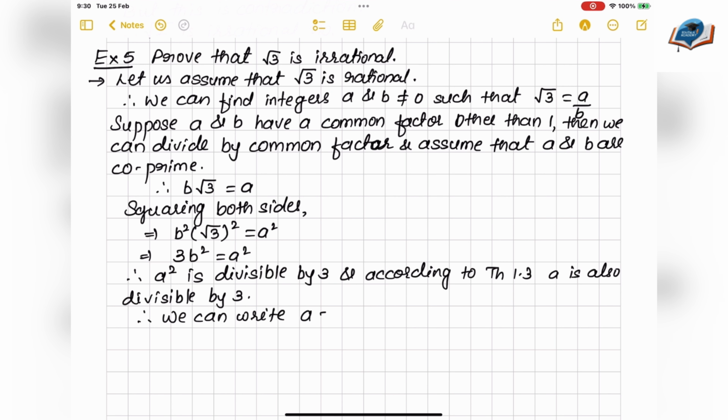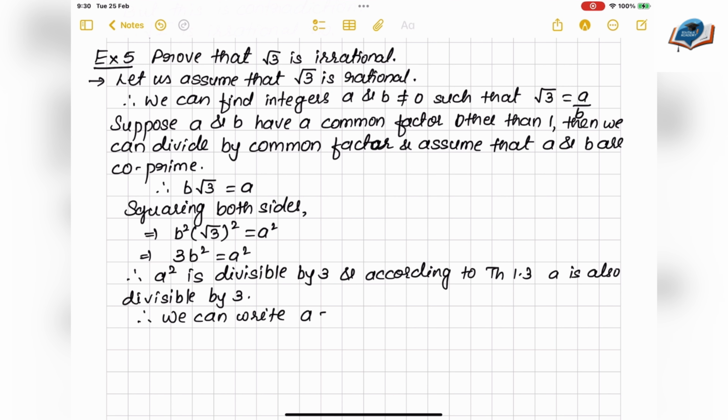So, therefore, root 3 equal to 5 minus A upon B. If I do LCM, I will get 5B minus A upon B.